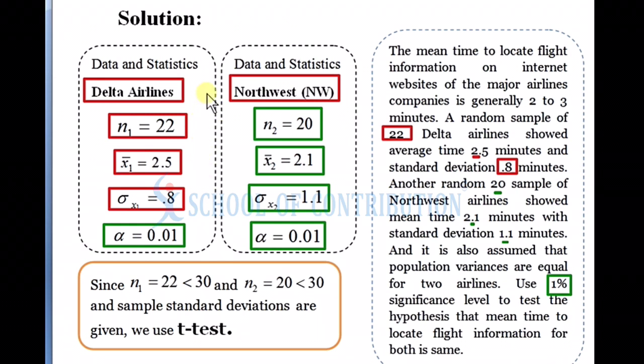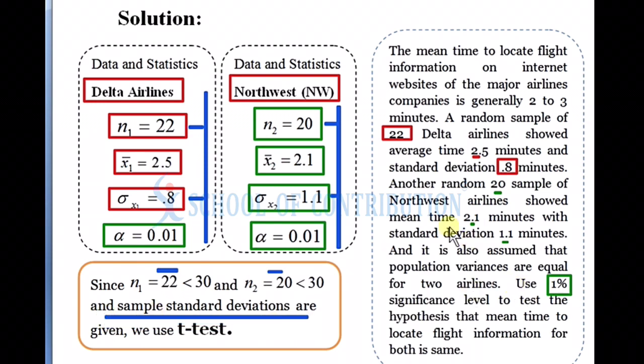As we analyze the information, we see that the first sample size and the second sample size are both less than 30. We are also given the sample standard deviation, not the population standard deviation. And the math says it is also assumed that the population variances are equal for the two airlines.